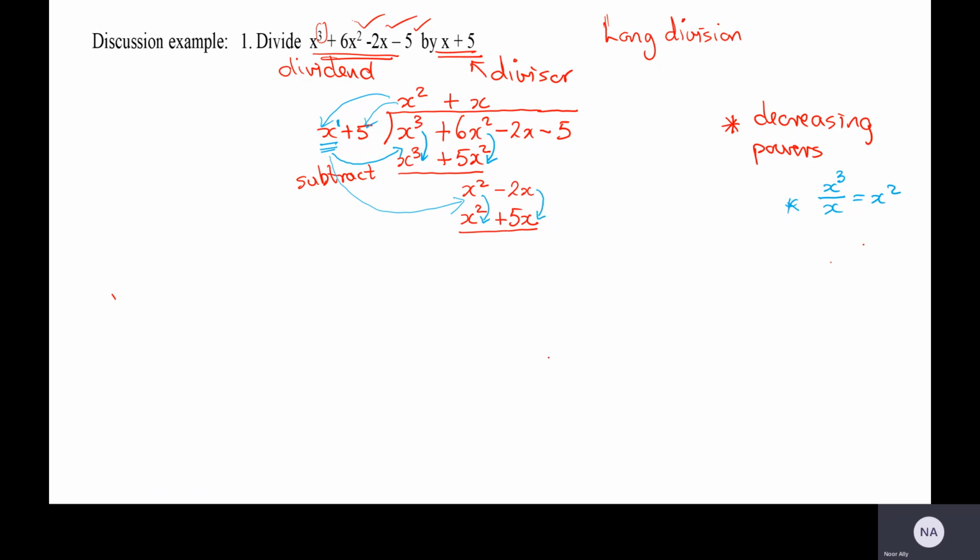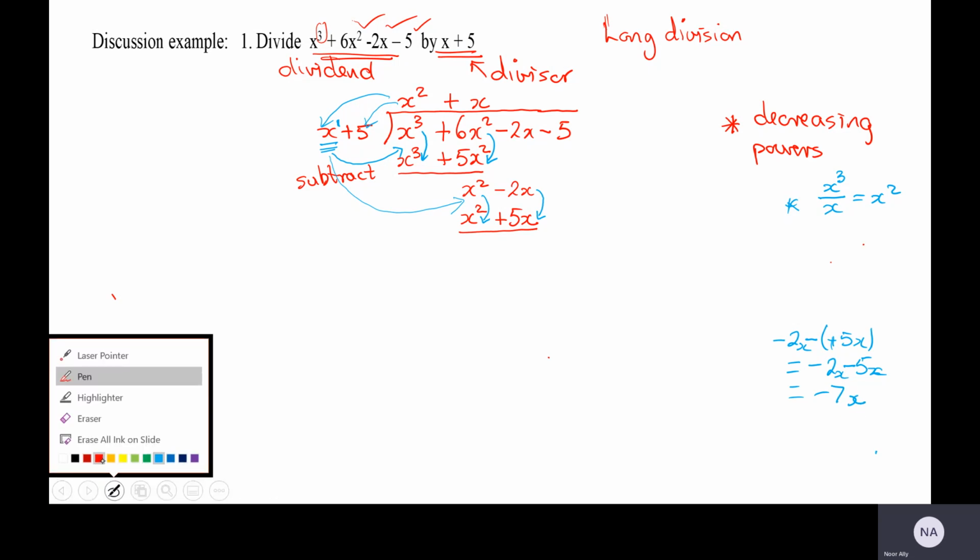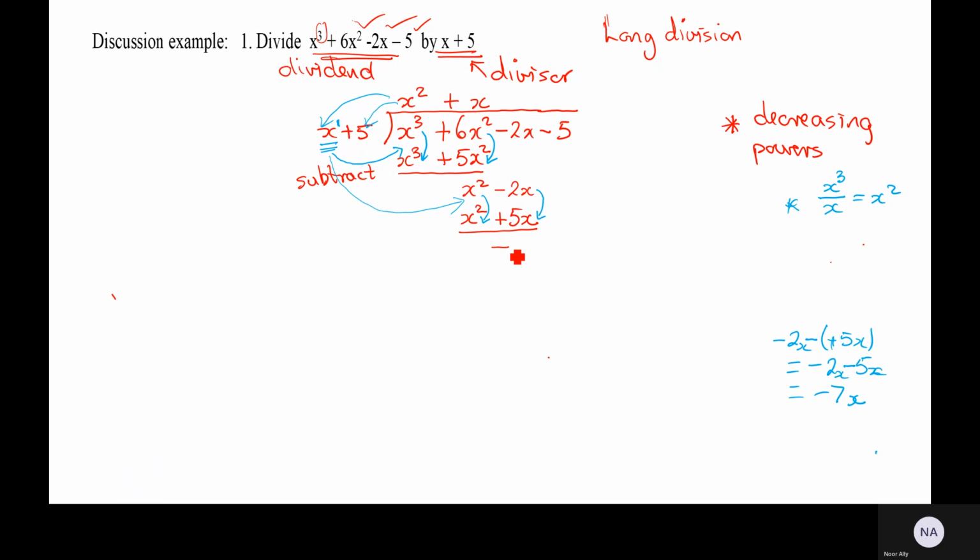Minus 2x minus a positive 5x. What does that give you? So it's negative 2x minus a plus 5x. Using the rules for signs, that's negative 2x, negative 5x, and that gives you negative 7x. So we should place negative 7x there.